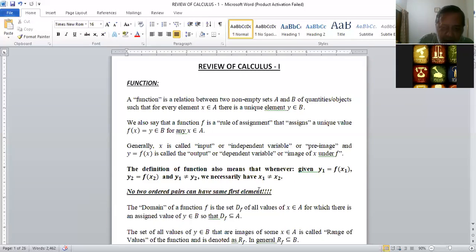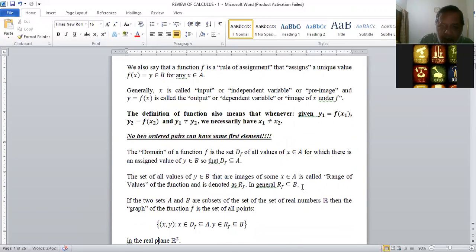You know that the domain of a function is basically the set of all values of the independent variable or elements of the first set for which a value of y is assigned in the second set. Domain notation, standard notation is this.